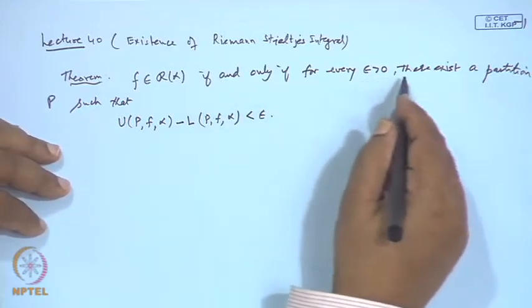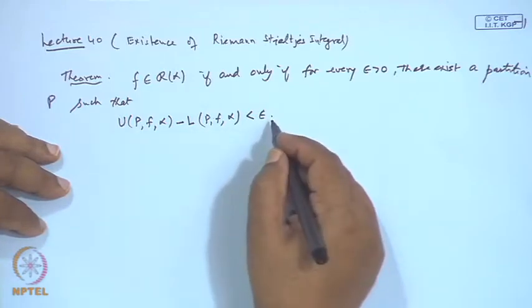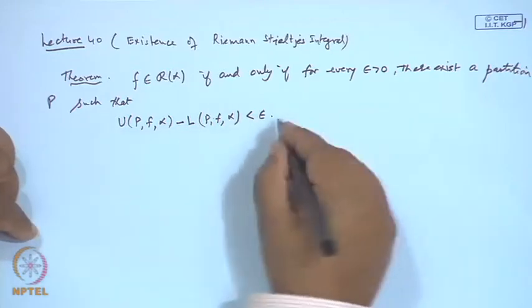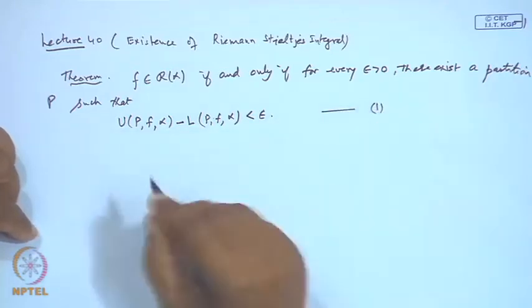So, for every epsilon greater than 0, there exists a partition for which this condition holds. This condition is an if and only if condition. Let us call this condition 1.